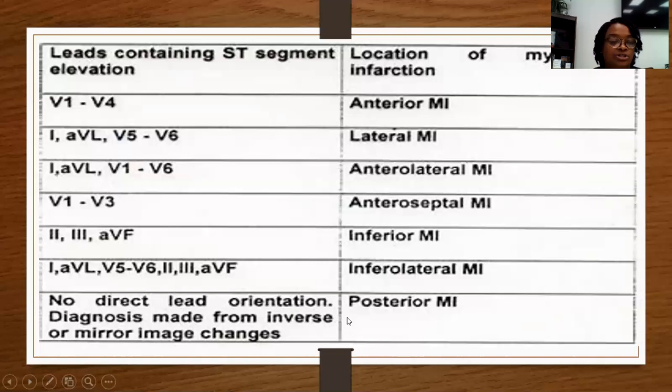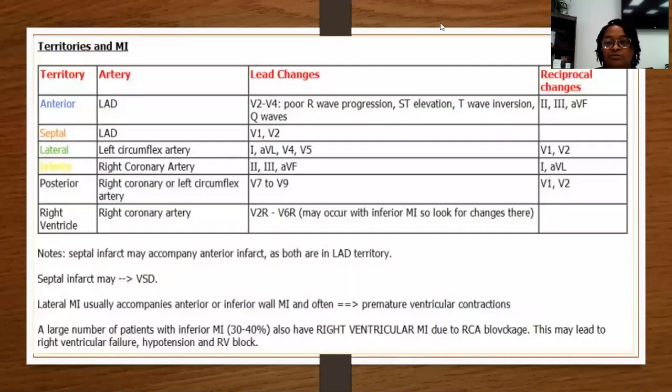Okay, so in order to do that, if you look on page 318 of your text, you're going to be looking at the reciprocal changes in order to determine your posterior MI. So if your anterior MI is looked at in V1 and V2, then you look for the posterior MI opposite of that, and you should see the opposite changes.